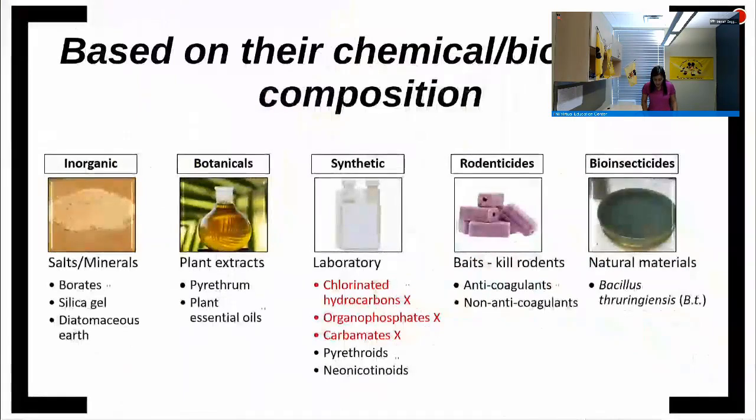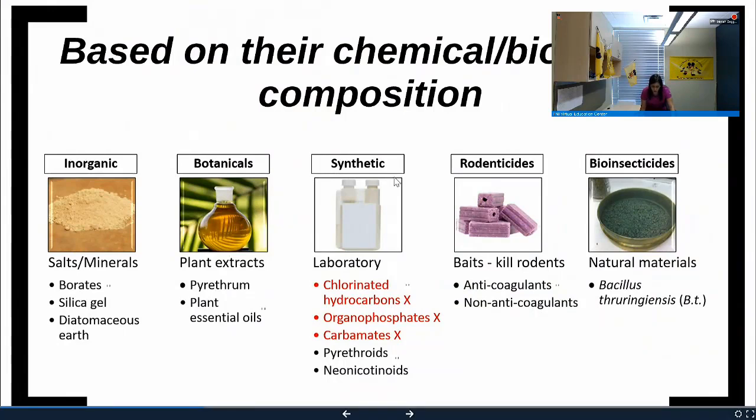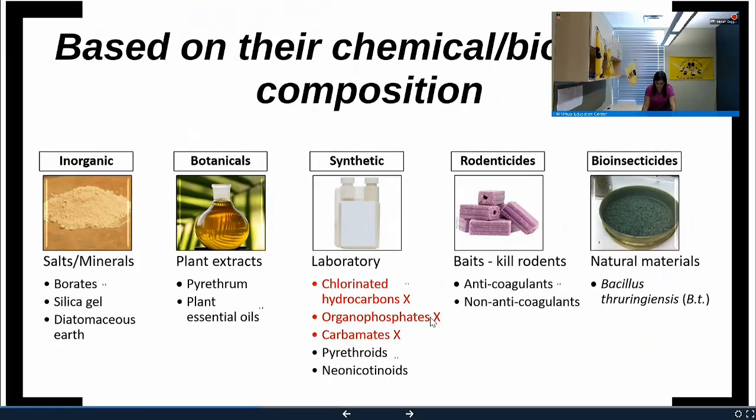Now, let's talk about the synthetic. A lot of pesticides we use belong to this group. Okay, so this class, those that are manufactured in laboratories. We see three classes here that are in red, and they have an X in front. Why?